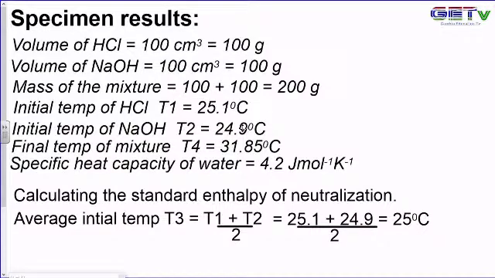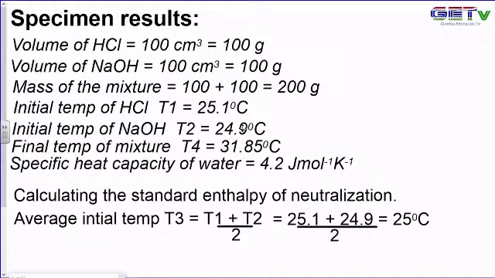So here we will find the standard enthalpy of neutralization of the water using the acid and the base. We will use the moles of the acid and the moles of the base to know the moles of the water. And then we will calculate the heat involved, and finally we will be able to calculate the standard enthalpy of neutralization.